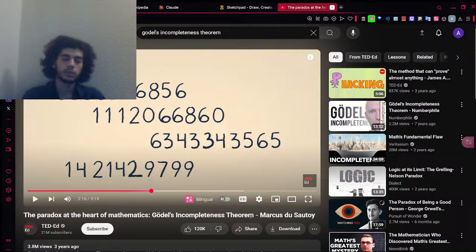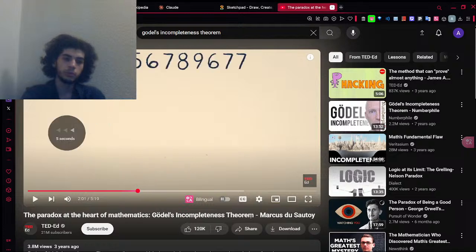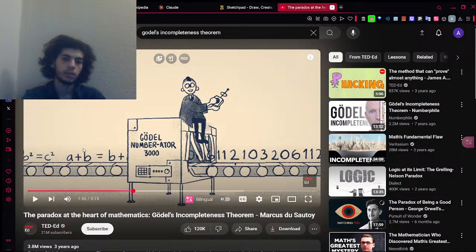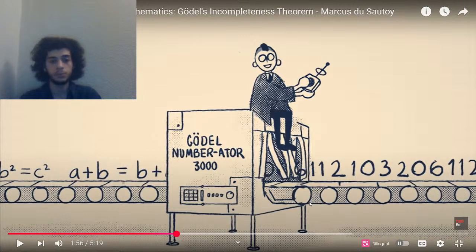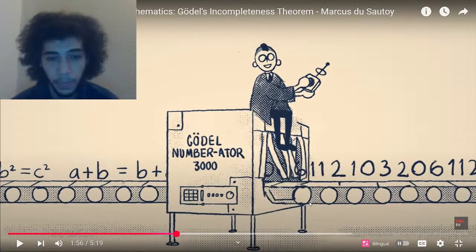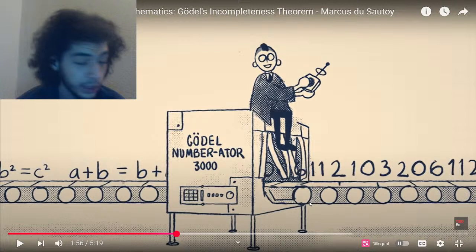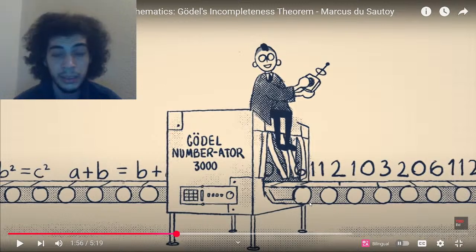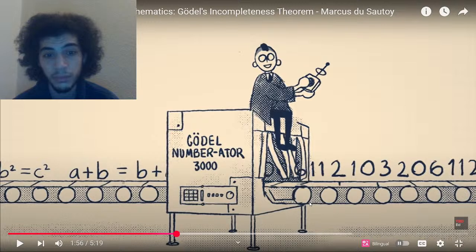Here's the thing. If you cannot represent the formulas in numbers, then the proof doesn't work. And I think that's what saves it from being a paradox. Because if we think about a system that cannot be represented in numbers, then there is no paradox, because that's what the proof builds upon.